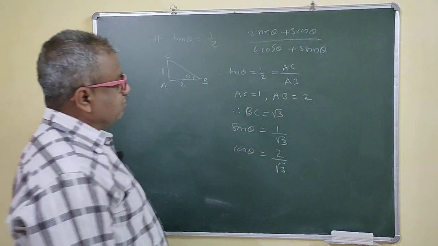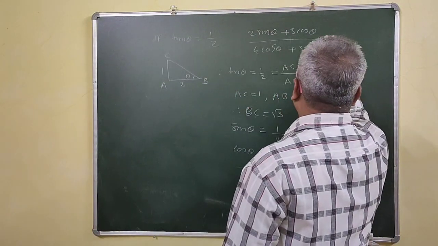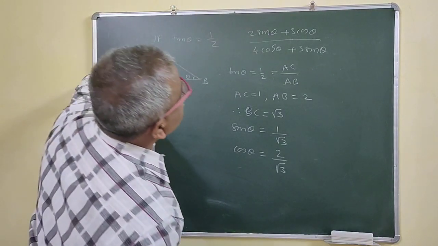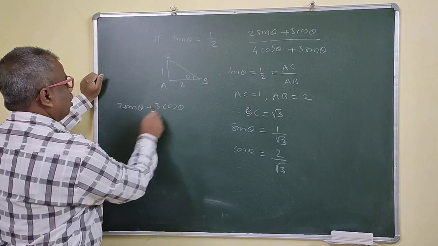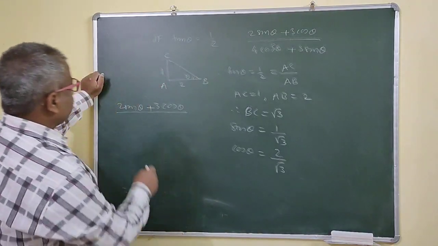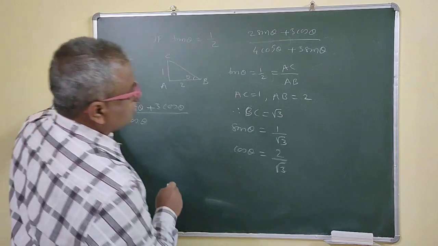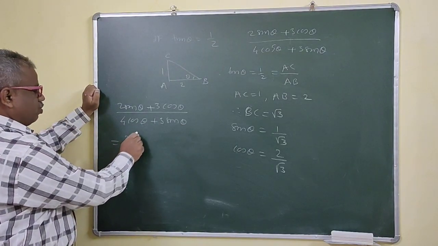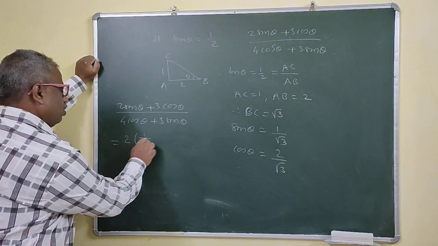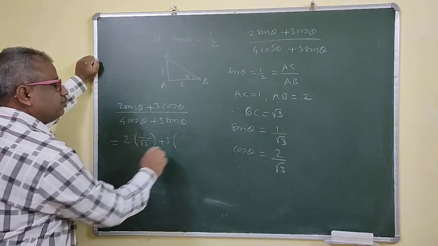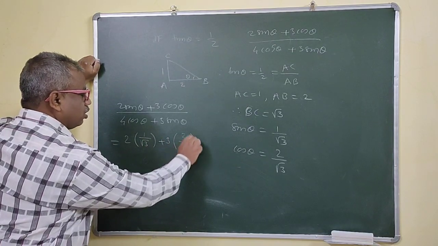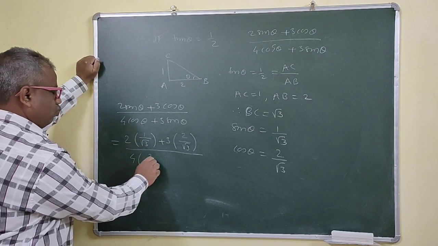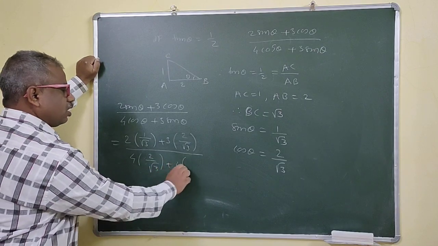So we'll put them in this expression. This is 2 sin theta plus 3 cos theta upon 4 cos theta plus 3 sin theta. We'll put the values of cos theta and sin theta here. This is 2 times 1 upon root 3 plus 3 times 2 upon root 3, upon 4 times 2 by root 3 plus 3 times 1 by root 3.